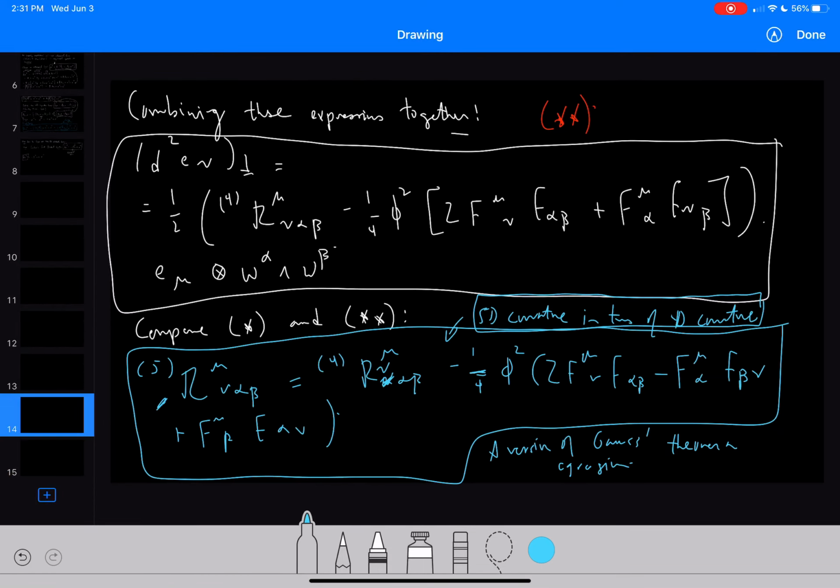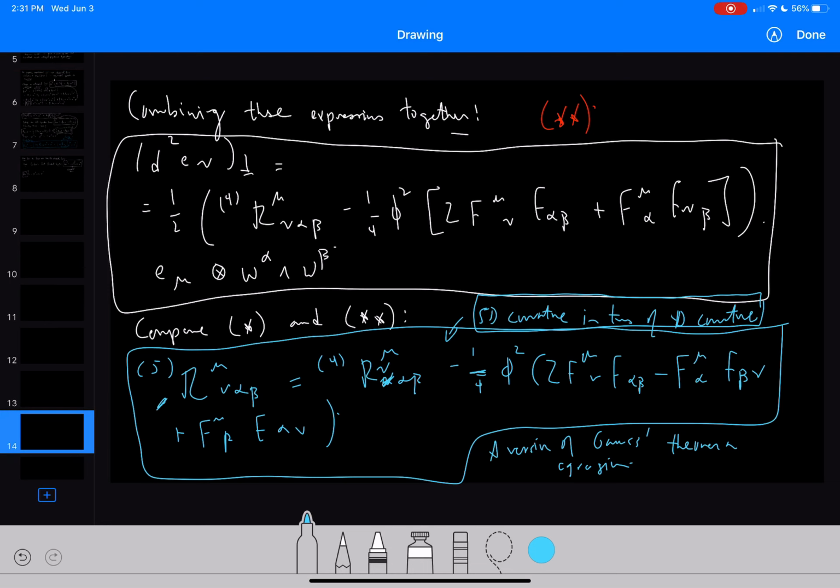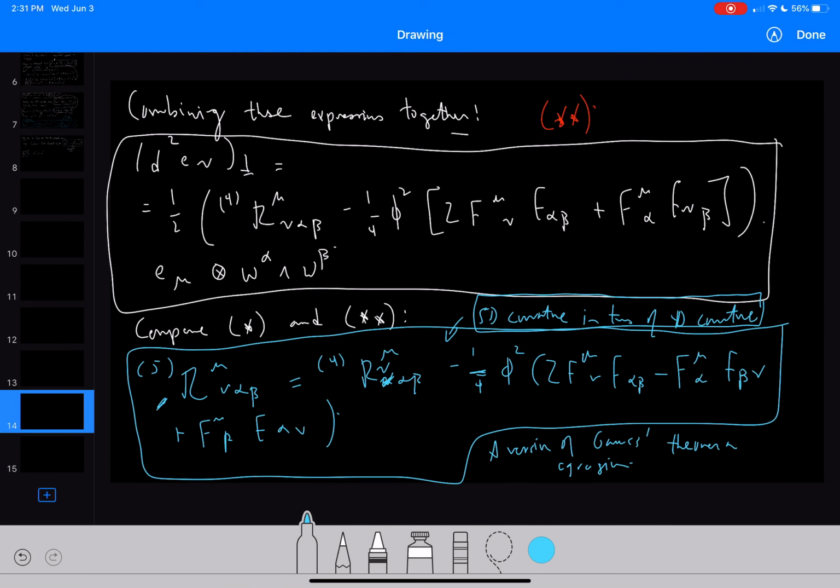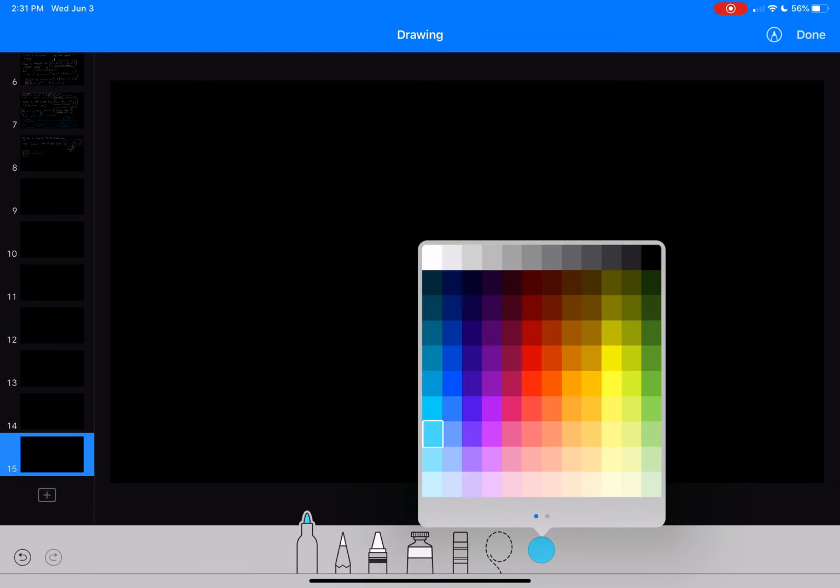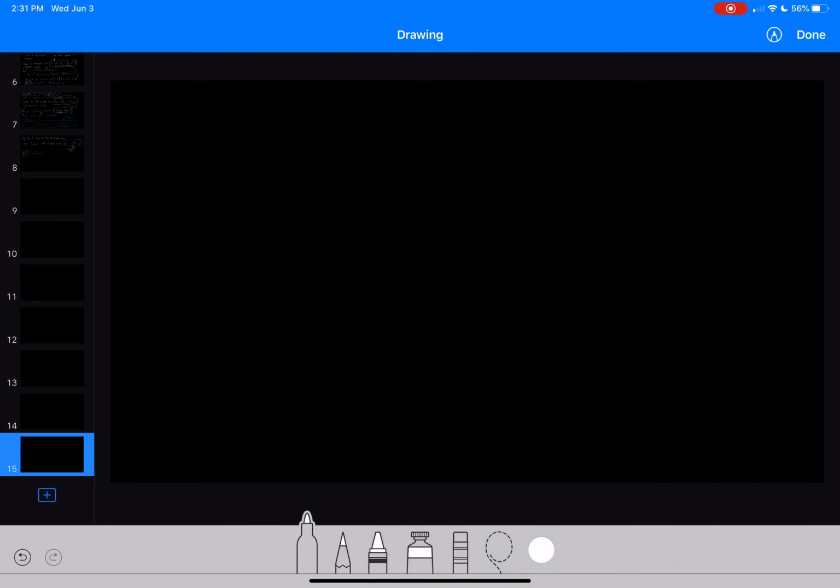I'll contract separately, which I guess would be the easiest thing to do. I'll contract this expression, the left side separately from the right side. So let's work on the right side first. I'll contract twice, because one contraction on the Riemann tensor gives me the Ricci tensor, and then another contraction on the Ricci tensor gives me the Ricci scalar.